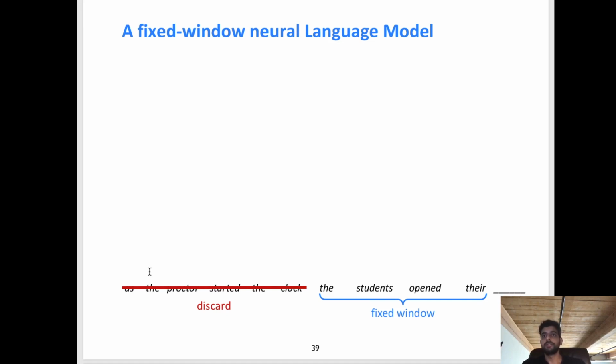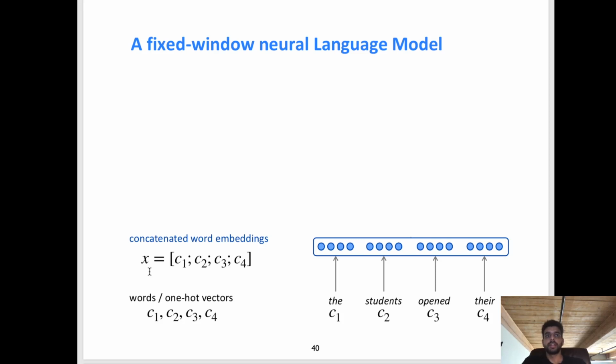We'll call this a fixed window neural language model. This model was proposed initially by Yoshua Bengio in 2003. It's one of the readings on the website for this week's lectures, so you should definitely check that out.